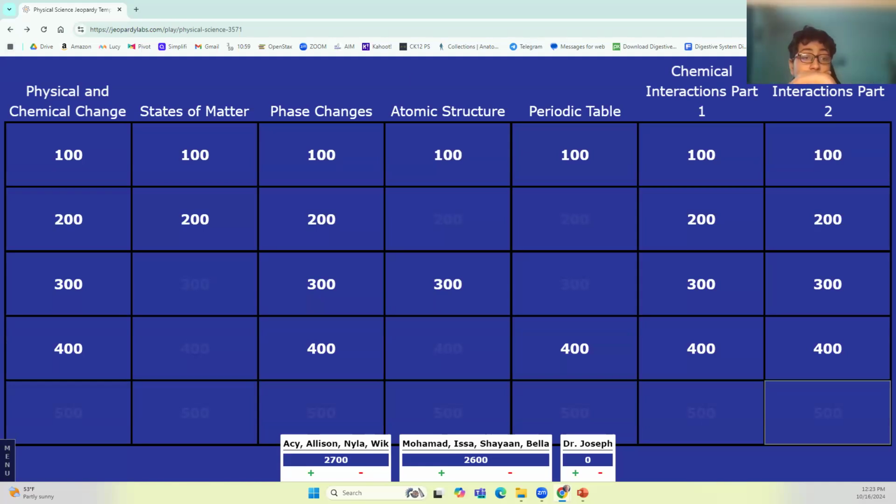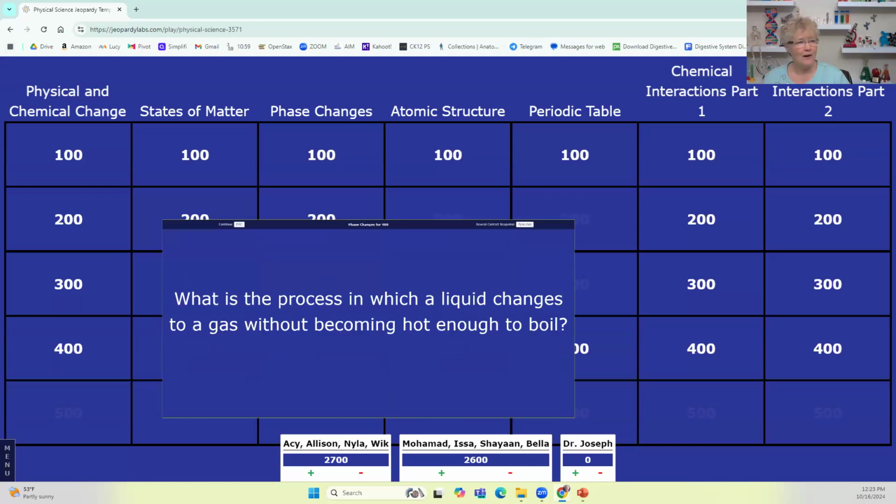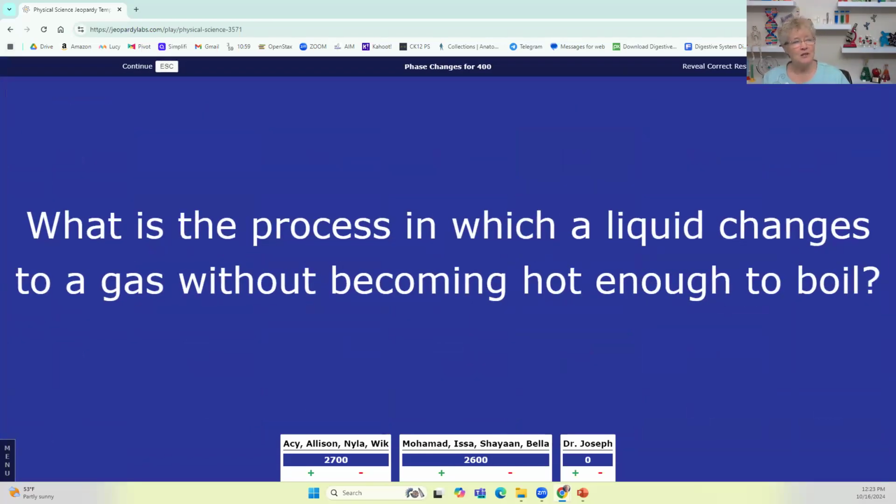Phase changes 400. What is the process in which a liquid changes to a gas without becoming hot enough to boil? Muhammad, you want some help from Cheyenne?